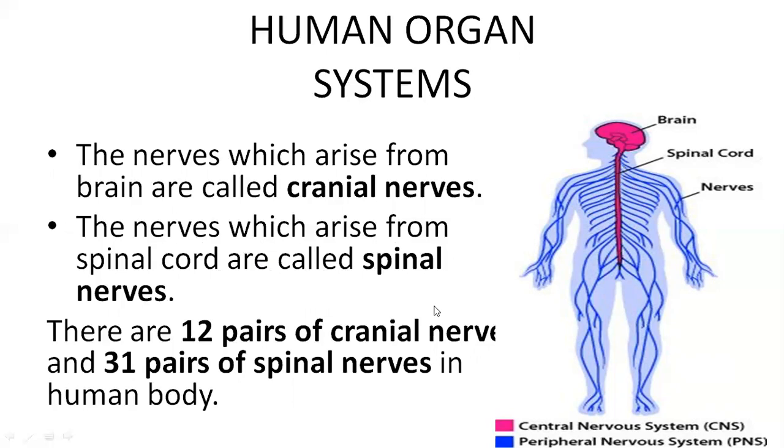There is a certain number of both the cranial and the spinal nerves in our body. 12 pairs of cranial nerves are present, and 31 pairs of spinal nerves are present. That means the total cranial nerves are 24 because they are present in the form of pairs. So 12 pairs means total 24 nerves, and 31 pairs of spinal nerves means total of 62 nerves.